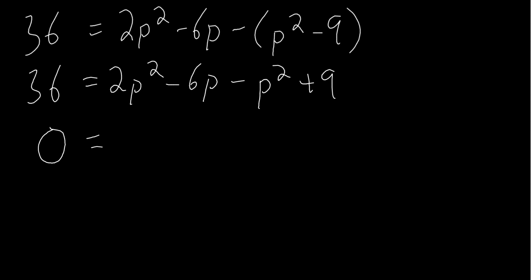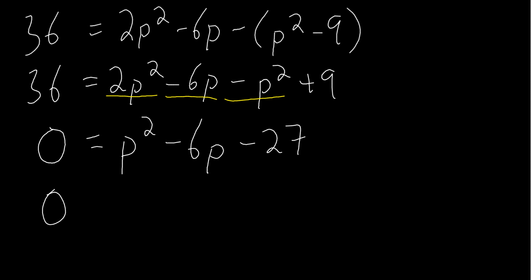We've got to combine like terms. 2p squared minus p squared is simply p squared. We have a minus 6p that's just by itself, so let's underline it to differentiate it. Then we take 9 and subtract 36, so we have minus 27.